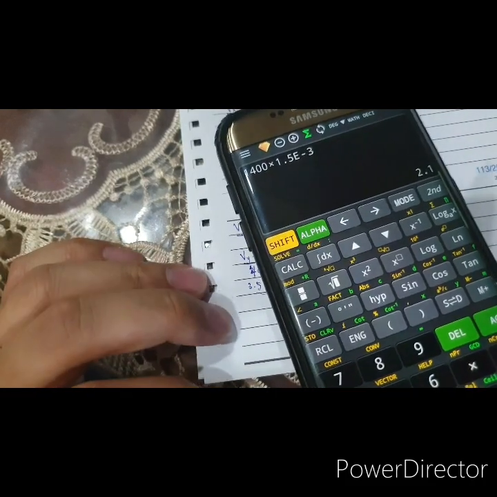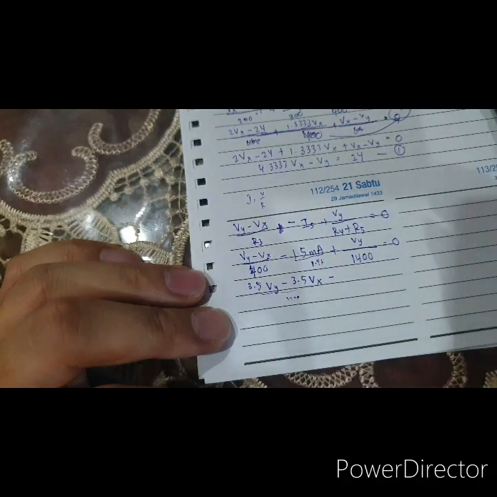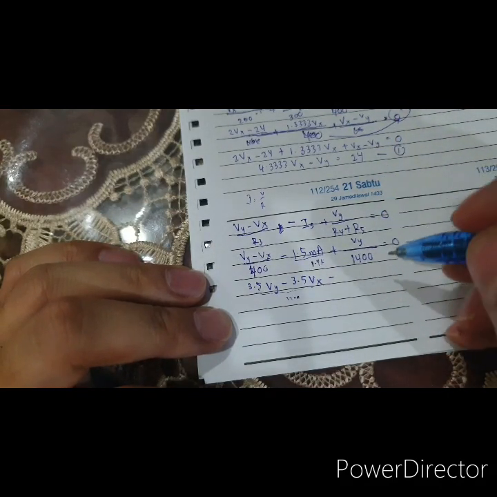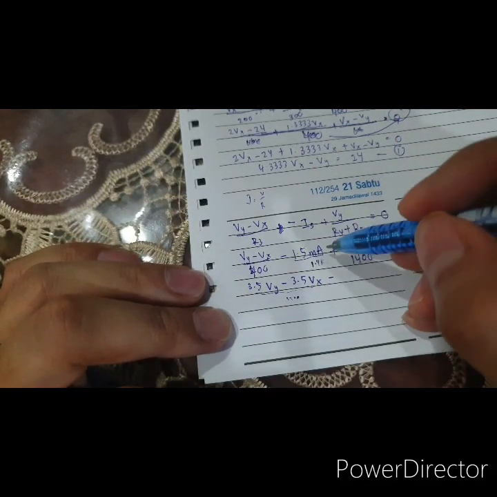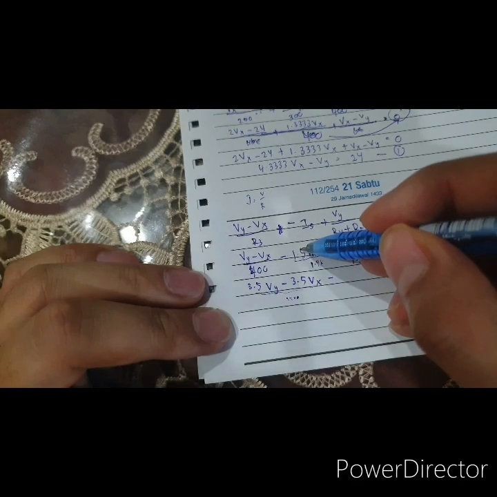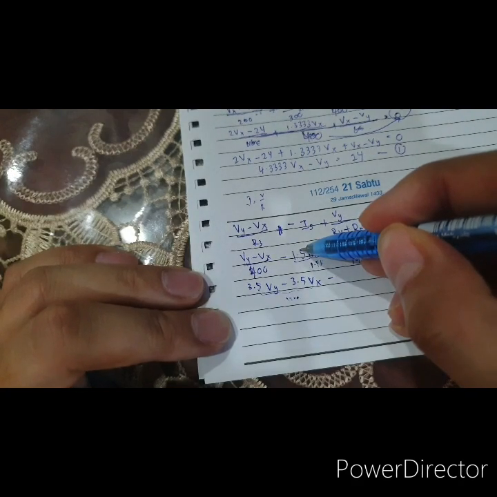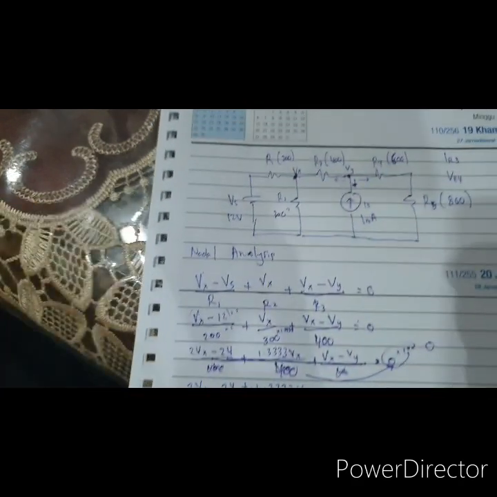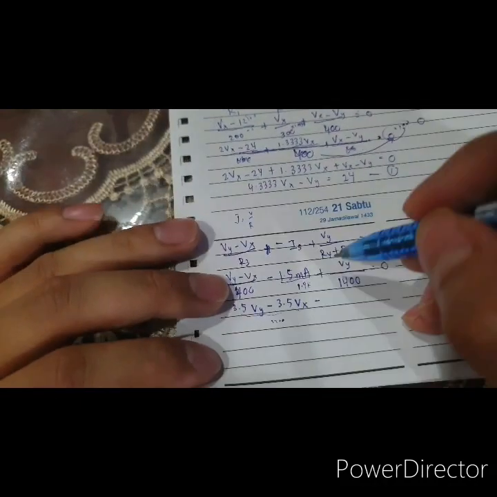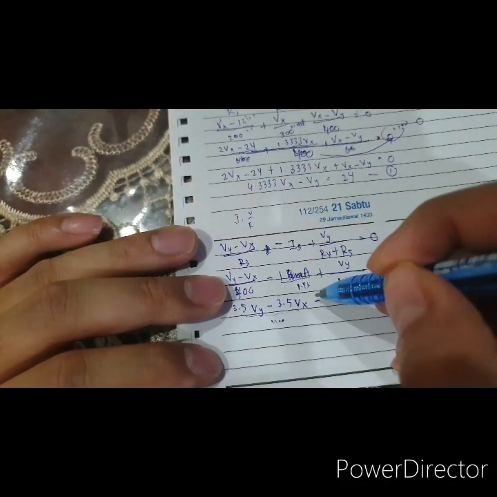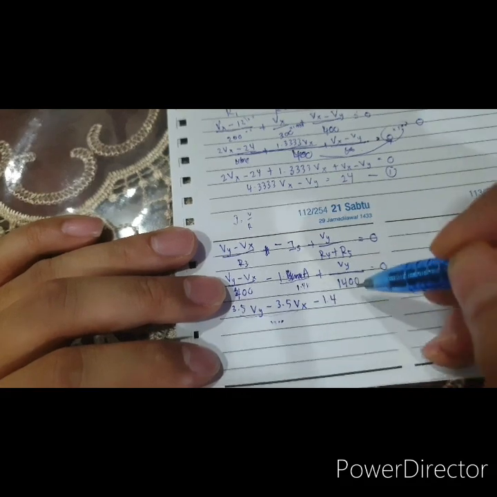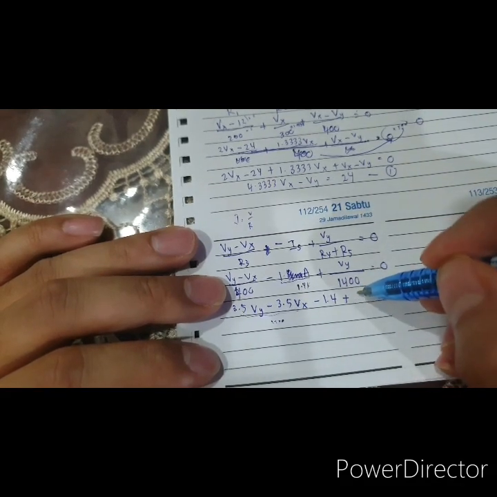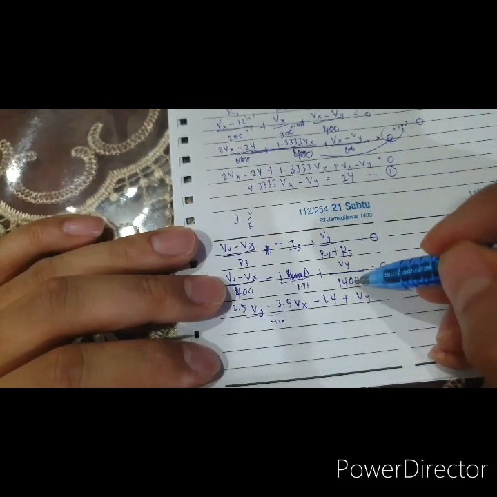Okay, 2.1. This one is 1 kan, 1 mili lah tadi, sorry. Okay, 1 mili. So 1 mili, this one should be 1.4 sahajalah. Okay, plus dengan Vy, they should remain the same lah.